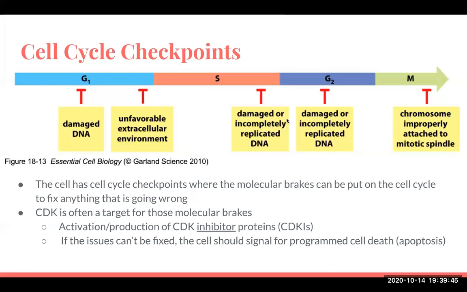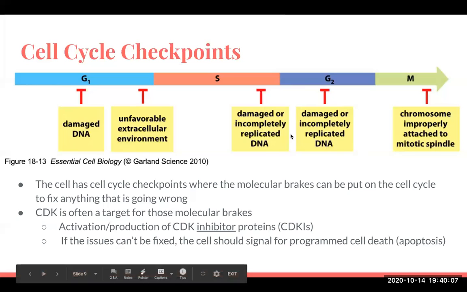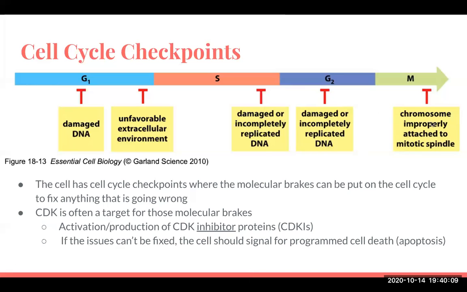In S phase, the cell checks for damaged or incompletely replicated DNA, because that's when DNA is synthesized. In G2, you're checking for damaged or incompletely replicated DNA. Pretty much the same thing, but just double checking again. You really want to make sure our DNA is replicated correctly, because if it's not, it causes a whole host of problems. And the M phase checkpoint is when chromosomes are checked, whether they are properly attached to the mitotic spindle.